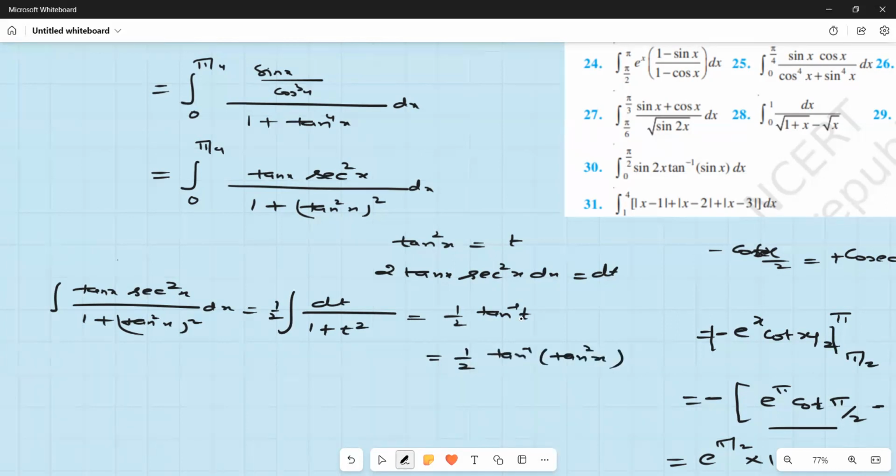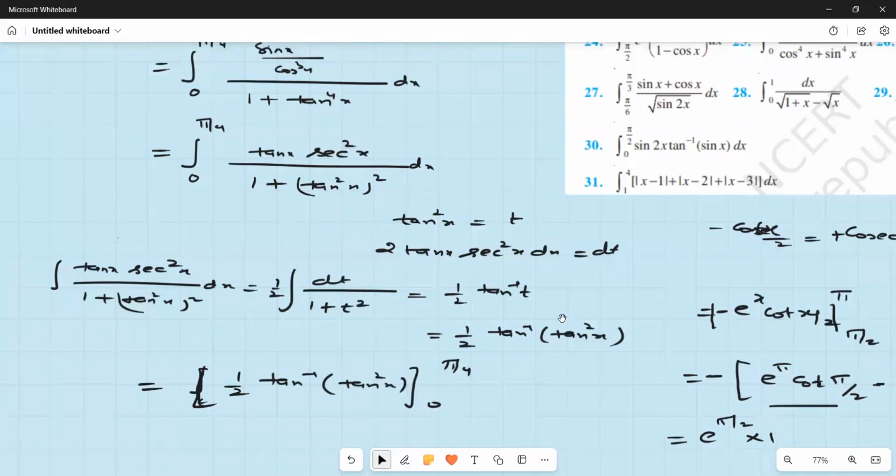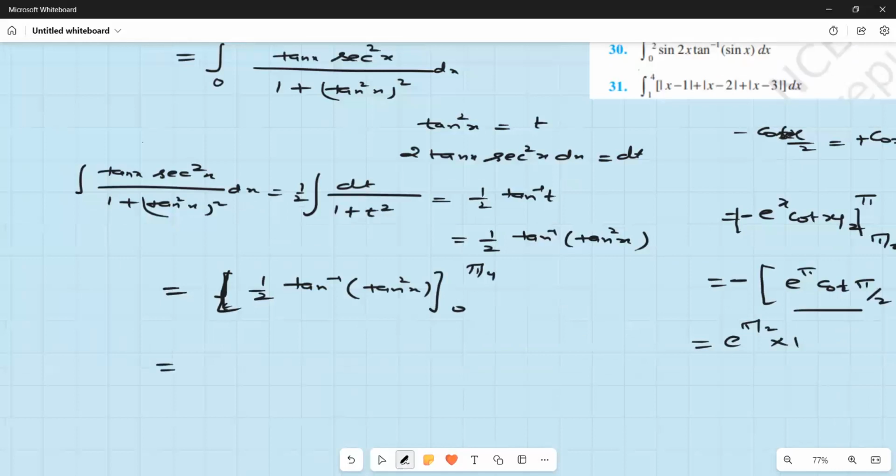So substituting in that, it will be half tan inverse tan square x, limit 0 to pi by 4. If I put the limit, that will be half outside, tan inverse of tan pi by 4 whole square, minus tan inverse of tan 0 square, right?